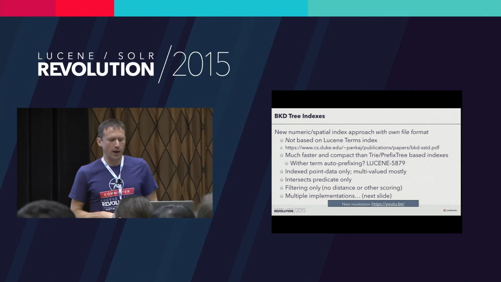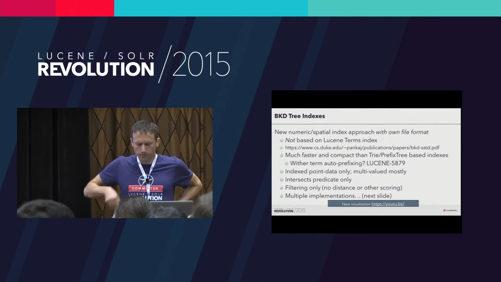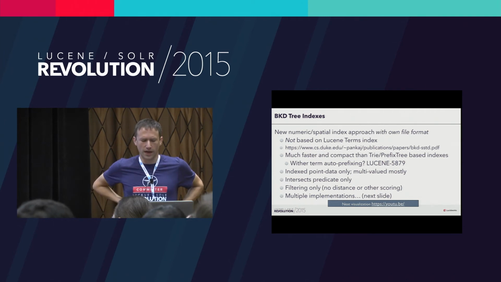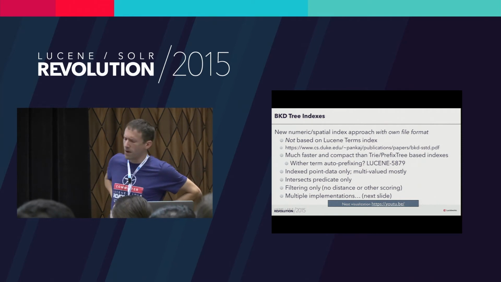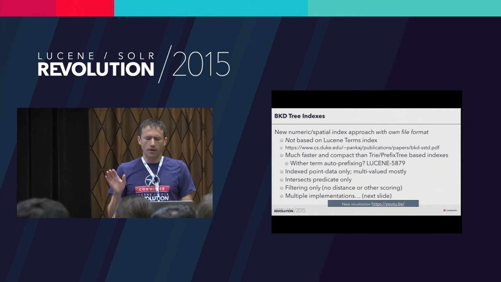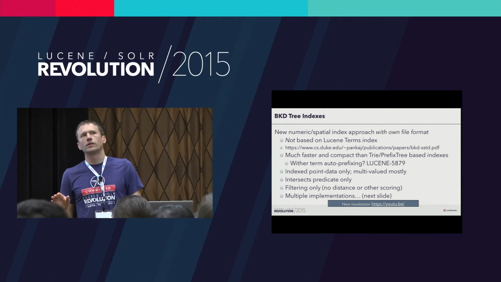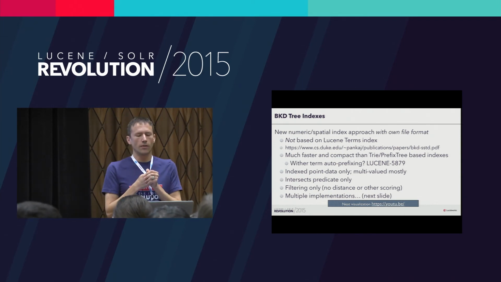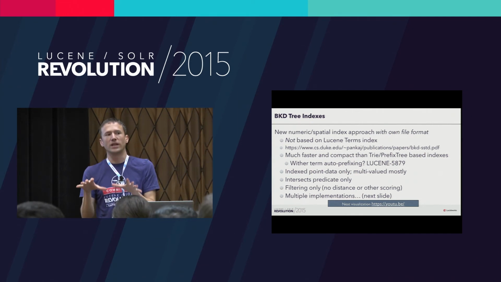There's a research paper out there on a spatial index called a BKD tree. I don't know how old the paper is or whatever, but anyway, a big thing I want to point out here is that to date, all spatial support has been using Lucene's core foundational capabilities.